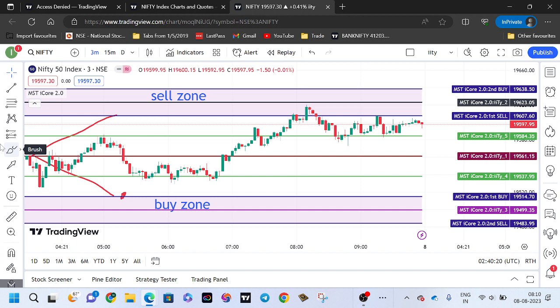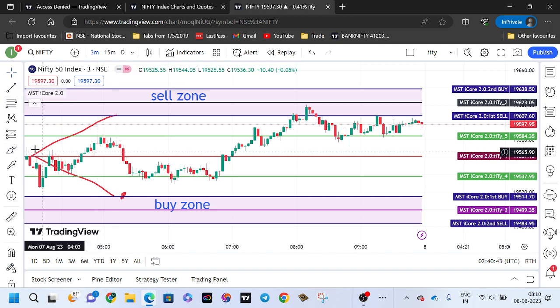We have to wait until the market reaches either level. If the market reaches the sell zone first, we are going to be on the sell side. If the market touches the buy zone, we are going to be on the buy side only. If buy is activated, there is no sell. If sell is activated, there is no buy until SL hit.